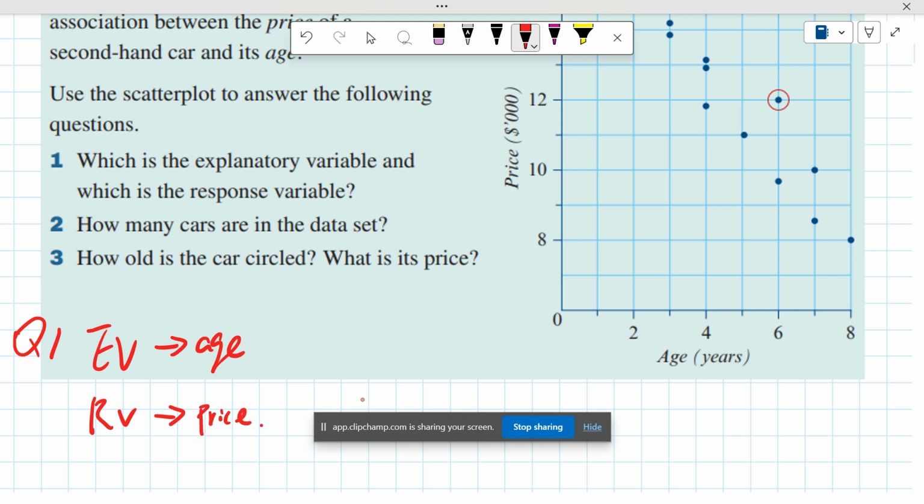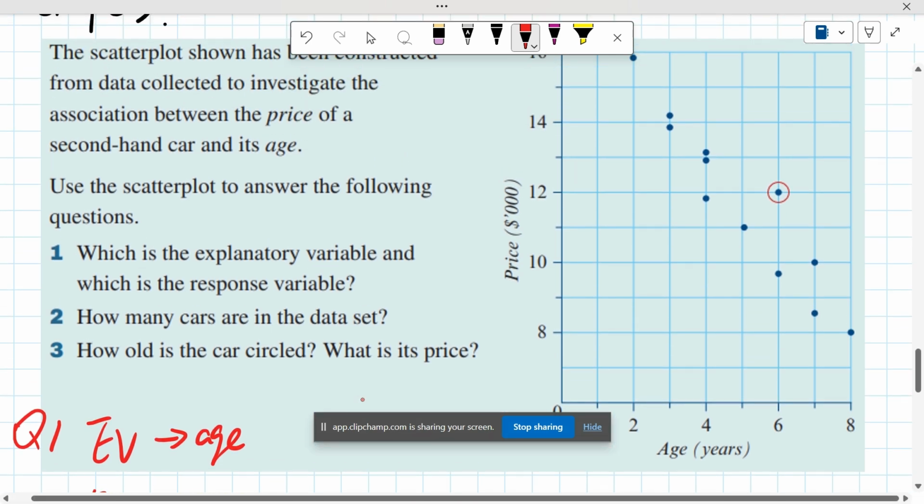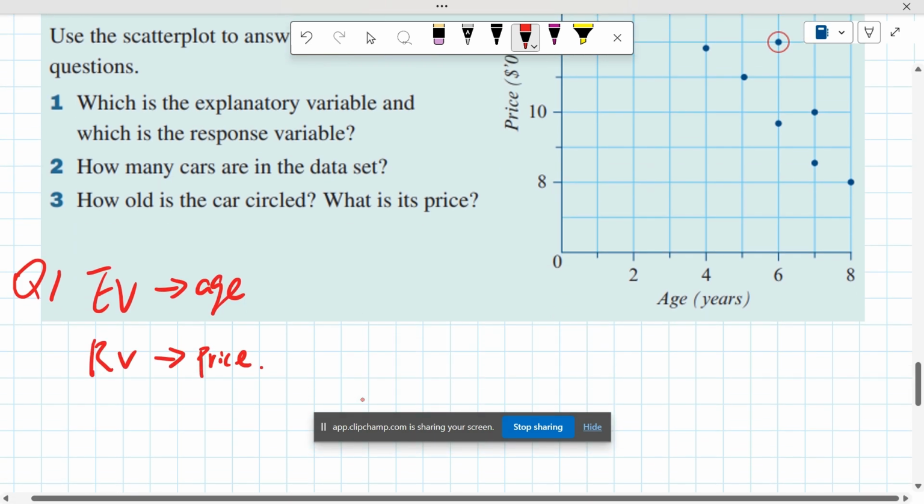Question two: how many cars are in the data set? What we do is just count the dot points: 1, 2, 3, 4, 5, 6, 7, 8, 9, 10, 11, 12. So we have 12 cars.